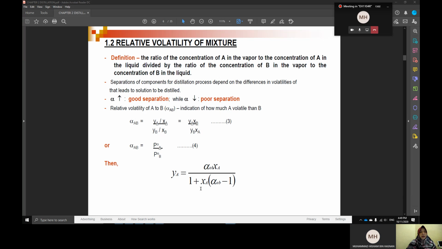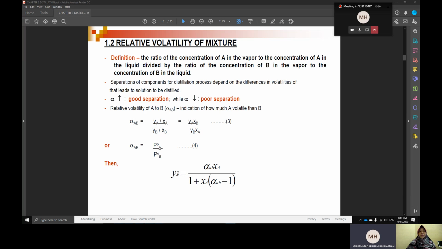This formula is shown to you depending on what you want to solve. What do you want to solve? Let's say you want to find the vapor concentration of A. You are given the liquid concentration of A, and you're also given the relative volatility of the given mixture.